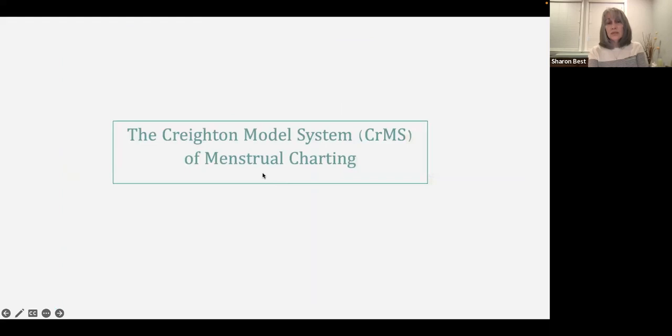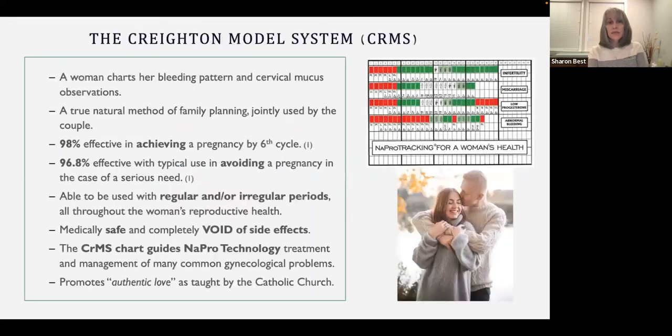So let's talk a little bit more about the Crichton model system of menstrual charting. So as we mentioned, a woman is going to track her bleeding patterns and her cervical mucus patterns. So we have had about 30 years of research done at the St. Paul VI Institute that indicates that this method is effective in achieving a pregnancy in a normal, healthy individual by the 6th cycle 98% of the time.